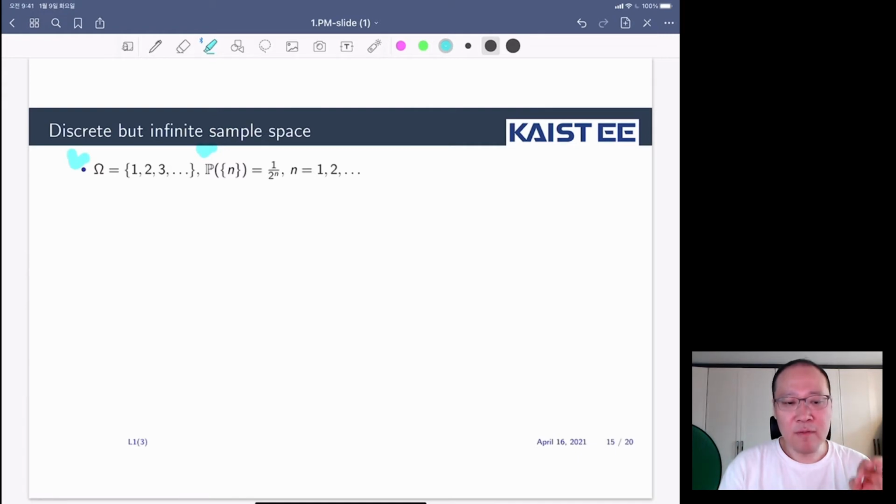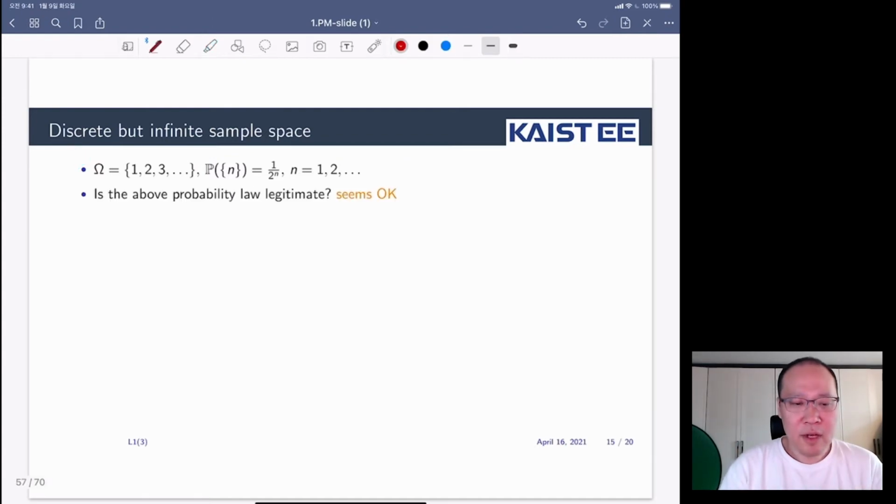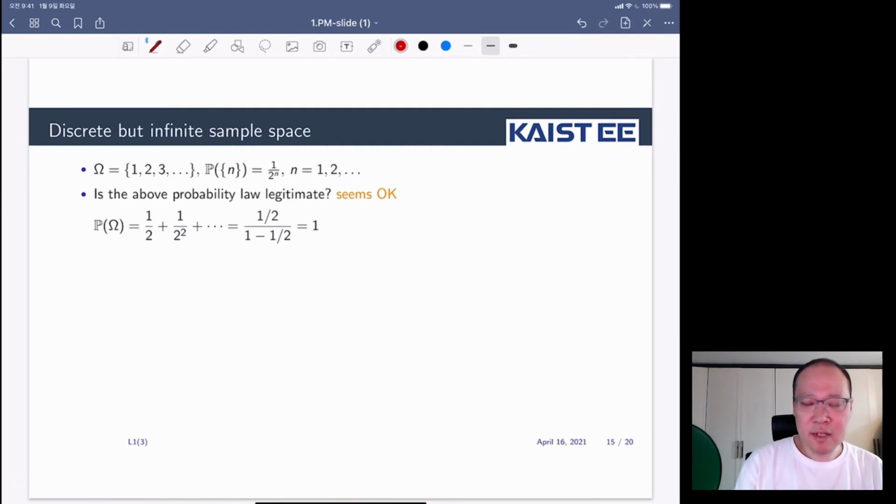So the probability of 1 is 1 over 2, 2 is 1 over 4, and so on. First, is the above probability law legitimate? Well, it seems okay. Why is that? Because first, I need to check that the summation of all probabilities should be equal to 1.